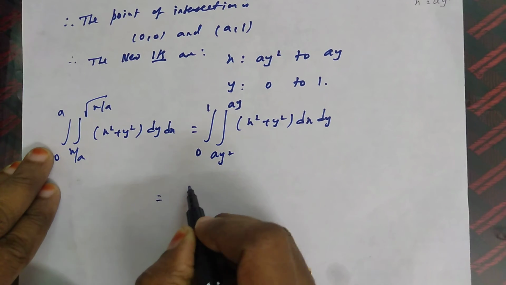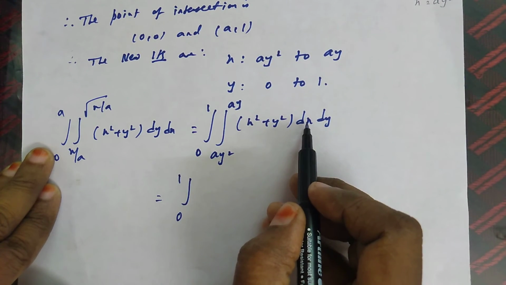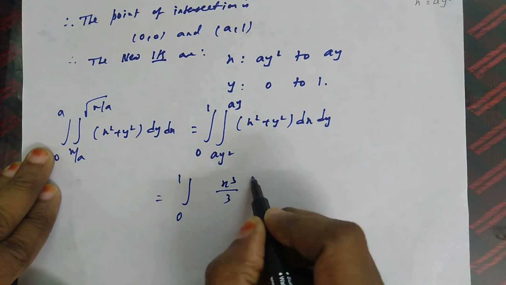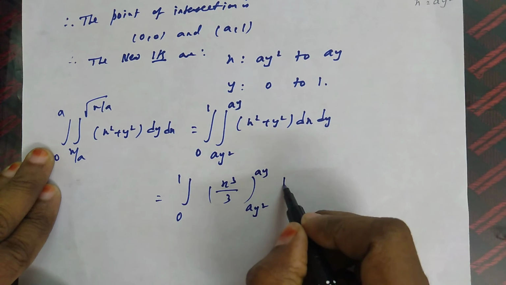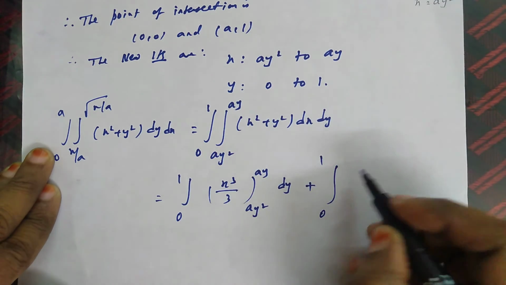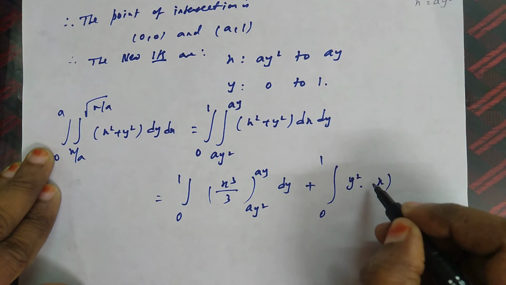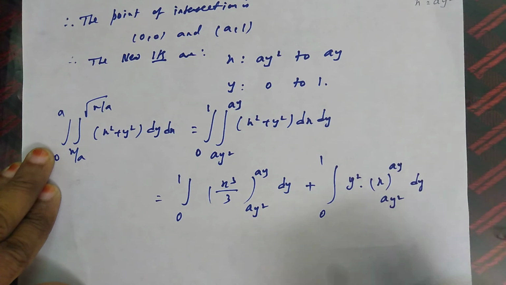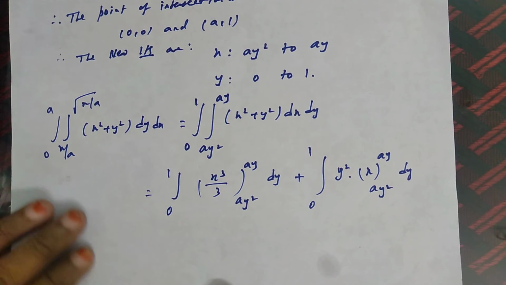Now we are going to integrate this, and applying the limits we can get the answer. That is equal to double integral 0 to 1. First integration is with respect to x. So x square integration is x cube by 3 with the limit a y square to a y dy, plus integral 0 to 1 y square, which is a constant, integration of dx is x with the limit a y square to a y into dy. Upper limit is a y and the lower limit is a y square.